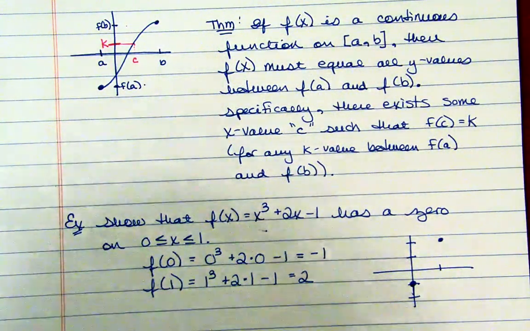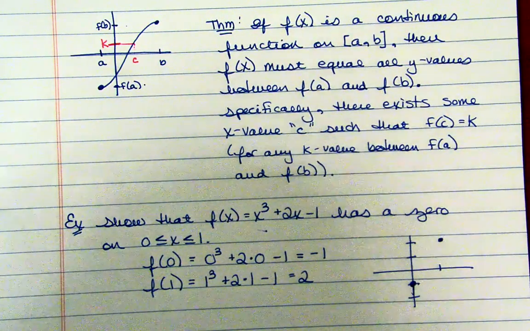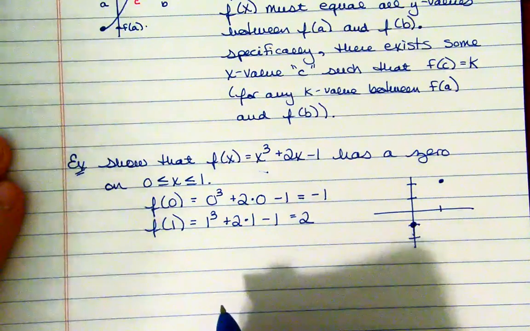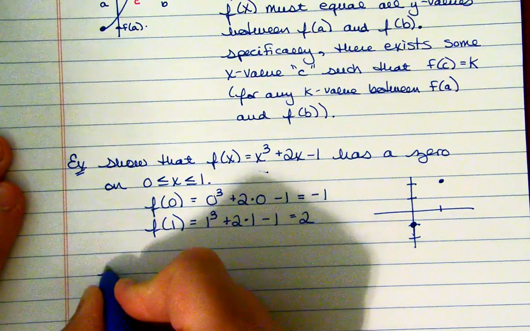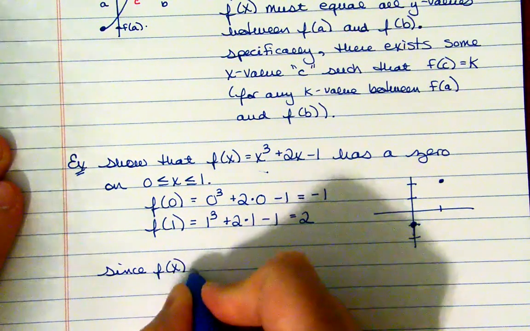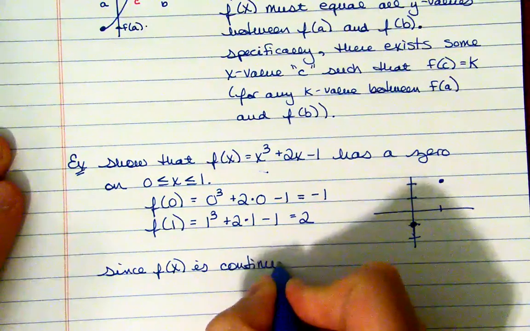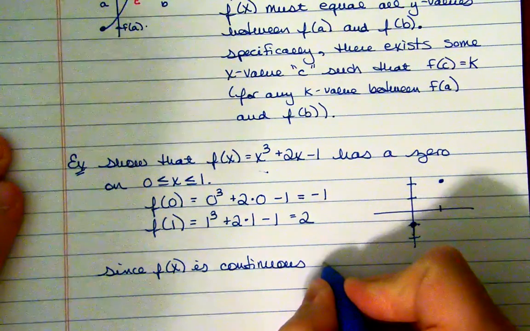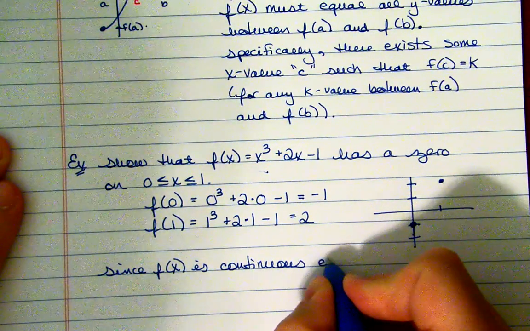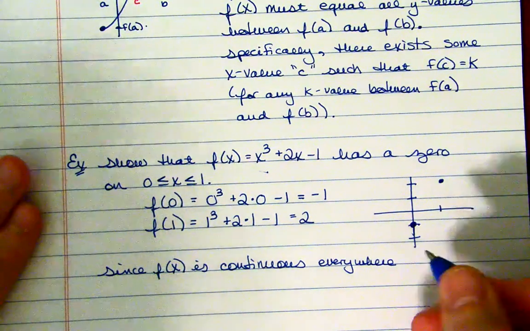This is an application of the intermediate value theorem, and there's a specific way we're going to write this out. First of all, I know that my function's continuous, so I'm going to actually state that. Since f of x is continuous, I guess I'll say continuous everywhere, although we only really care about between 0 and 1.